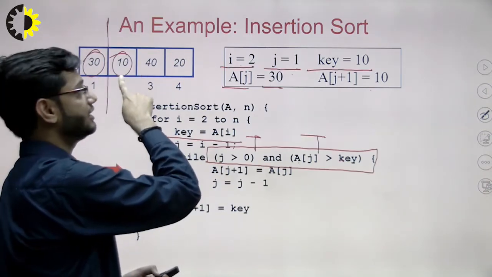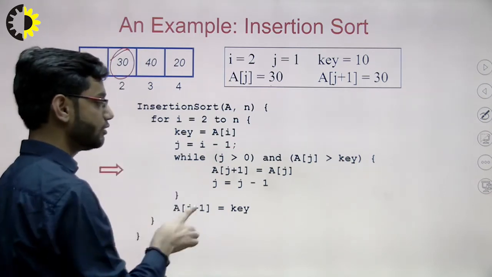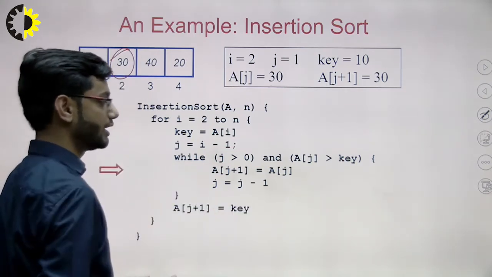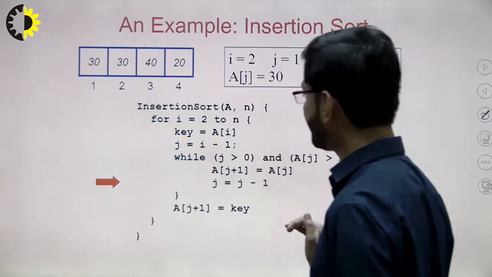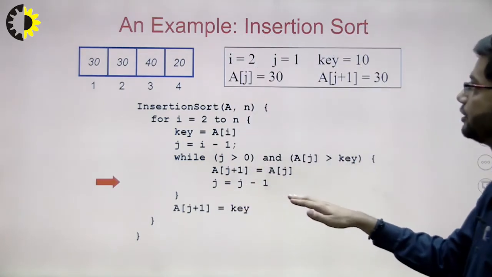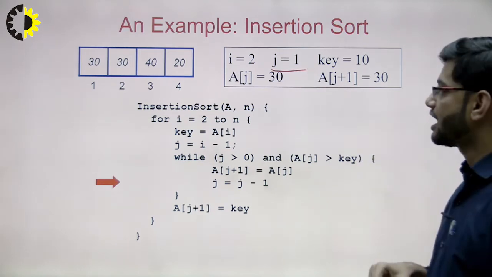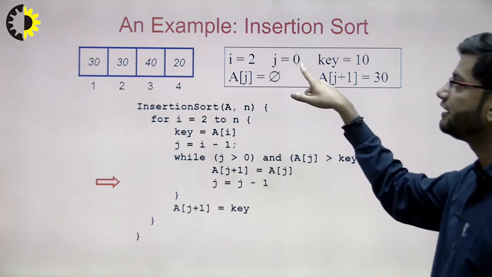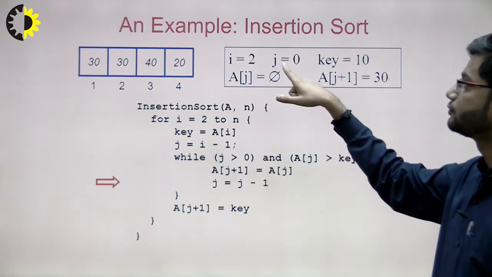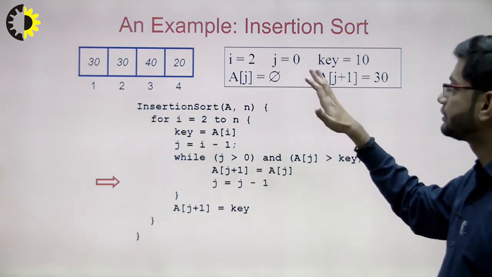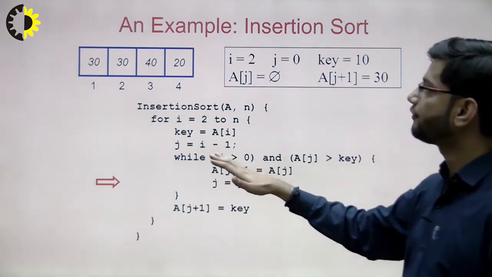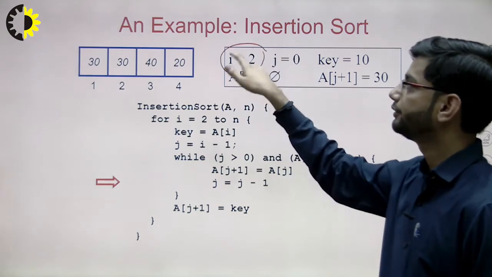Earlier it was 10, now it will become 30. Now J will be J minus 1, meaning I will decrement the value of J by 1. J is 1 now, so after decrementing the value, J will become 0. So this is the very first iteration for I equal to 2.